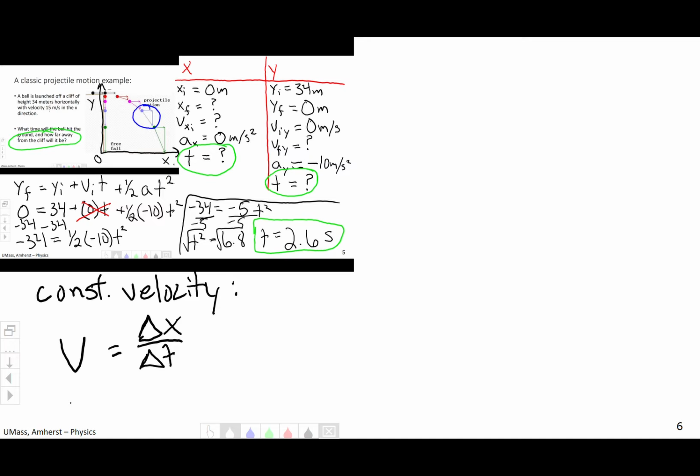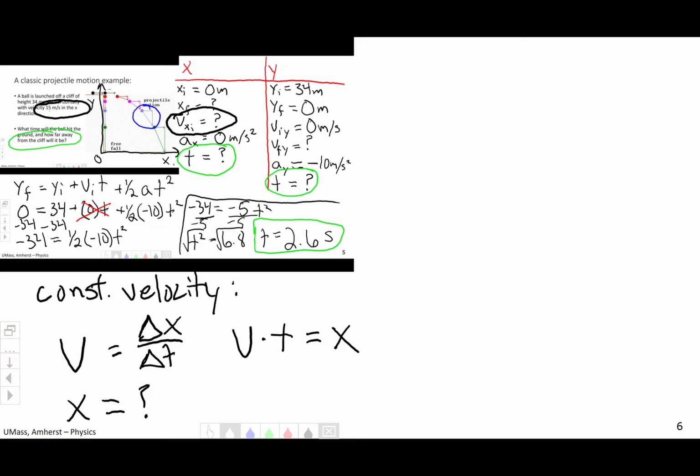If we want to find the position, we can rearrange this, and we get velocity multiplied by time is the position. So we have 15 meters per second in the x direction, which was given.